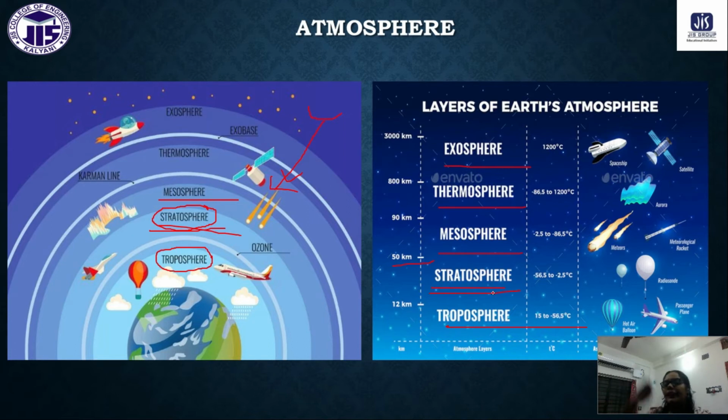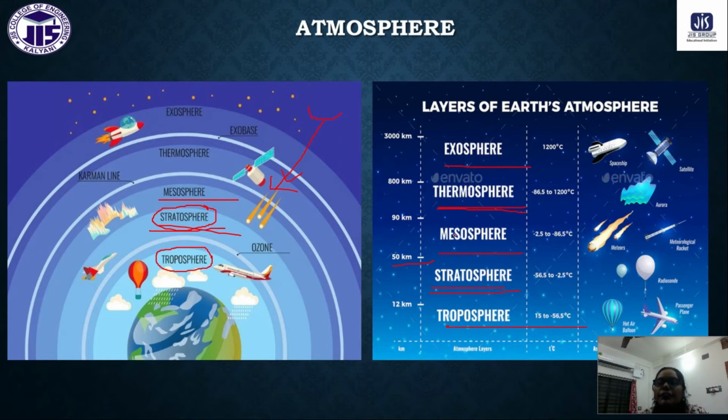After the stratosphere we have the mesosphere, which extends up to 90 kilometers. In the mesosphere, as we go upward, the temperature will decrease again, like the troposphere. After the mesosphere we have the thermosphere.